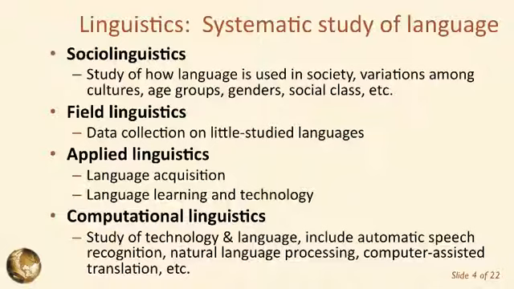It deals with language acquisition, how language is learned, language learning, and also language learning and technology. And technology is also part of what's called computational linguistics. That's an important field today because one of the things that it involves is natural language processing.